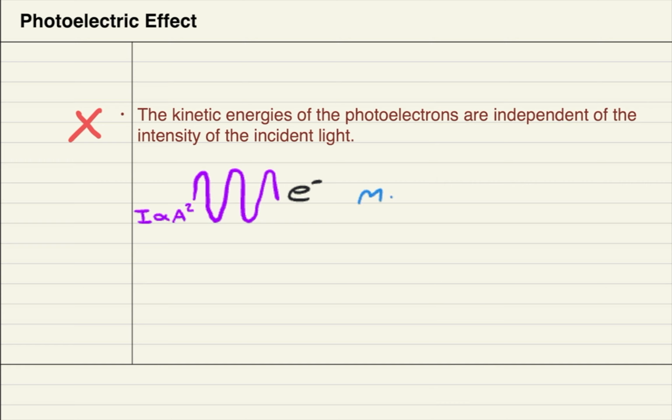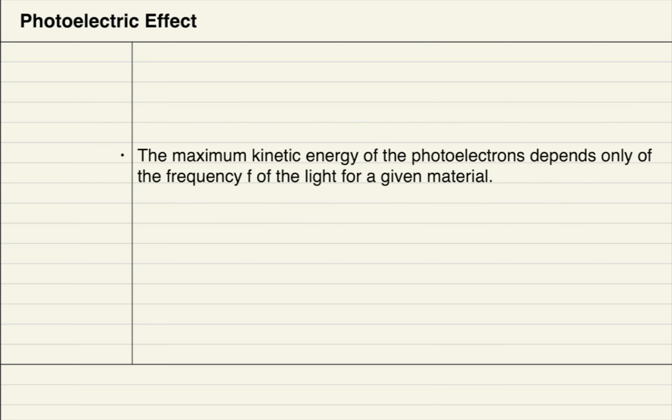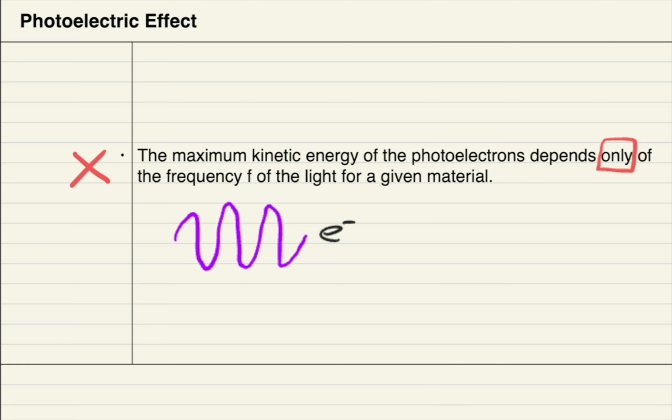This was not observed. Next we have the maximum kinetic energy of the photoelectrons depends only on the frequency f of the light for a given material. Well, actually this relates to the last one. Classical wave theory says the maximum kinetic energy will depend on the intensity, so it doesn't depend only on the frequency.